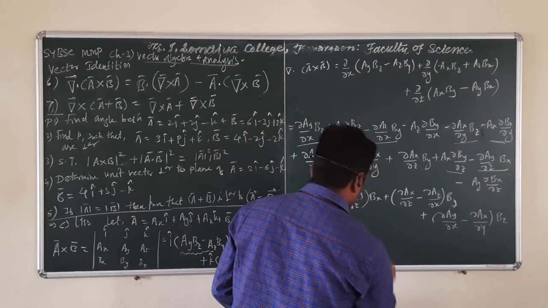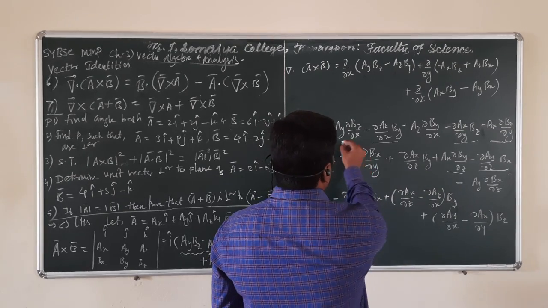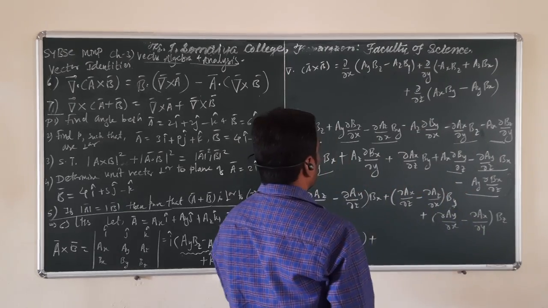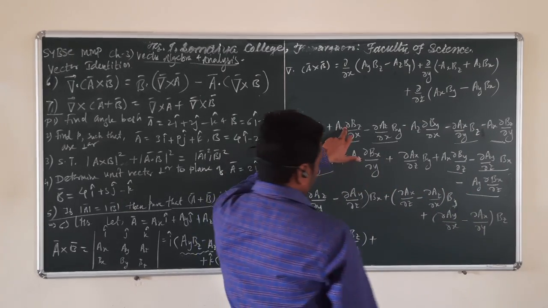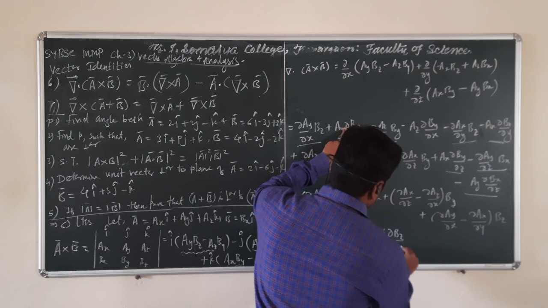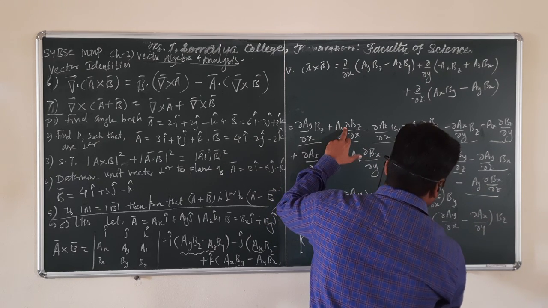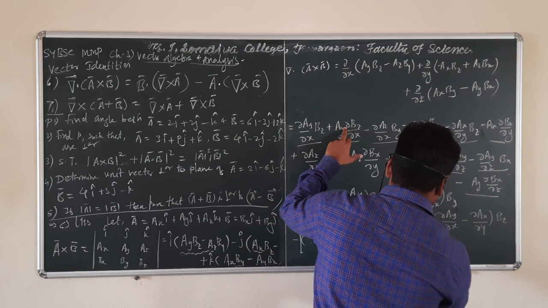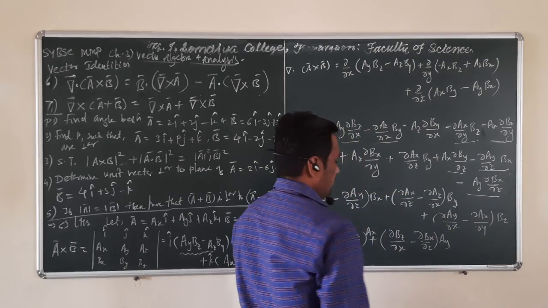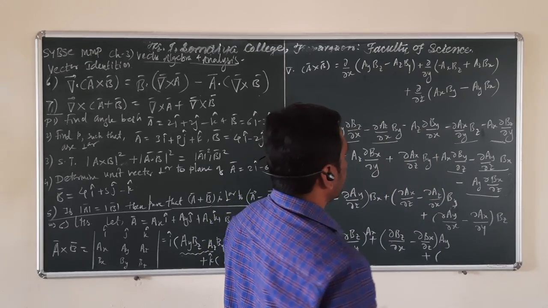Then plus the term for ay. Here we have this first term and here the last term. So the coefficient of ay is partial derivative of bz with respect to x minus partial derivative of bx with respect to z.